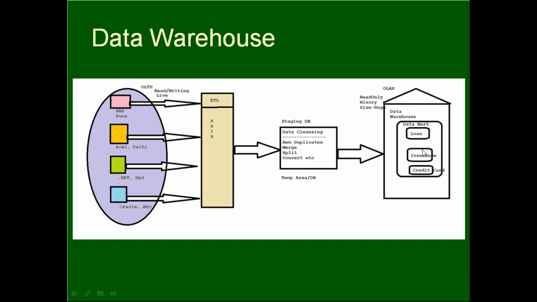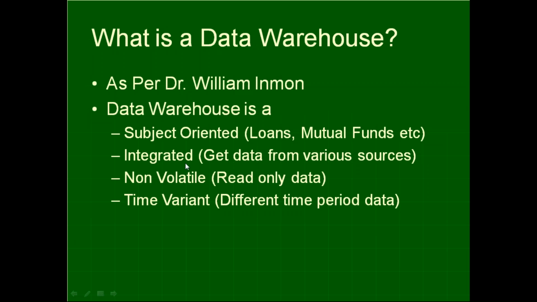So loans data, insurance data and credit card data are integrated from different heterogeneous sources. Heterogeneous means different data sources. That is what the second point is about: get the data from various data sources, group it together as a subject, and keep it in the data warehouse.